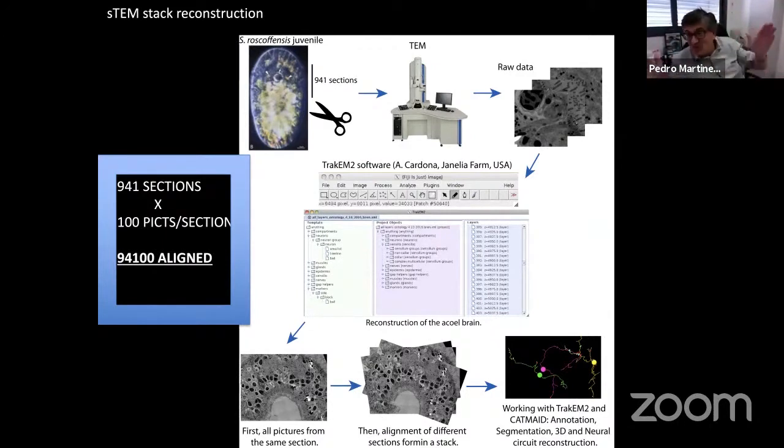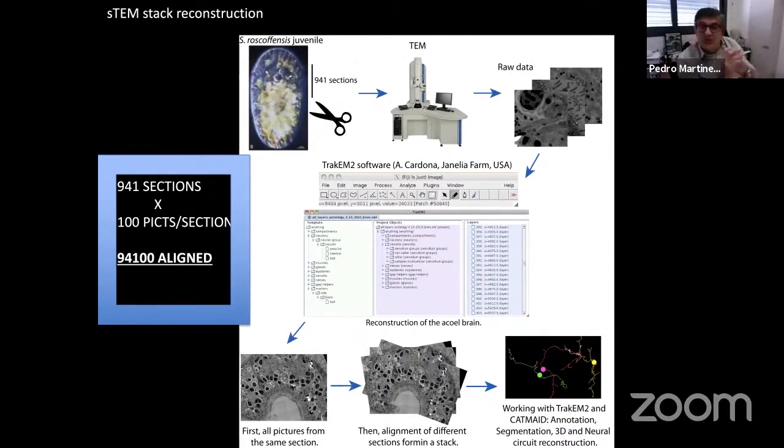When you collect and align all of these sections and then identify every single cell, you have a complete map of all cell types and their disposition within the body. The TEM doesn't select for a particular phenotype, like serotonergic or GABAergic neurons.